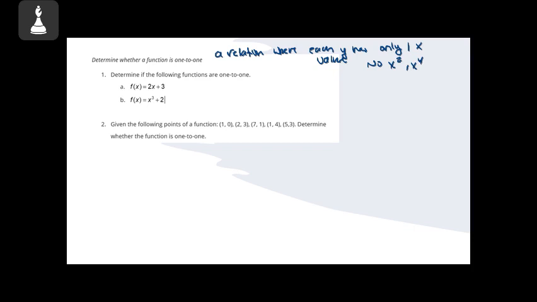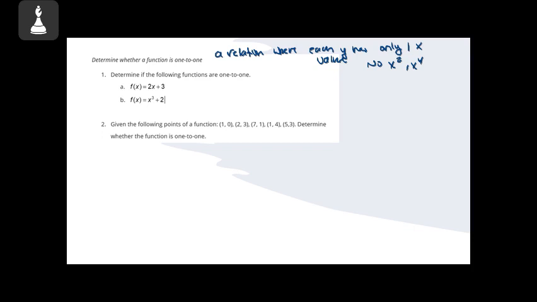Even powers are not. And I understand that just looking at the function, it may be hard. So the easiest way is just to graph it and then use the vertical line test if you're checking for a function. If you're looking for it to be one-to-one, check the horizontal line test. That's probably the quickest way to do it rather than just looking at the function in written form.